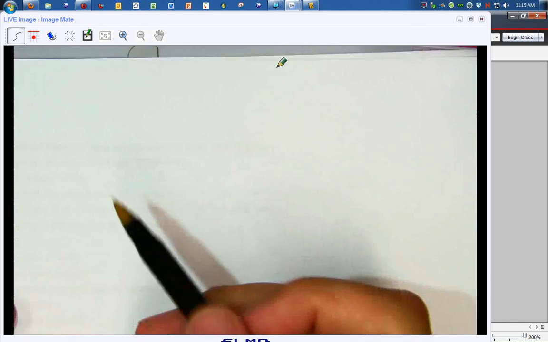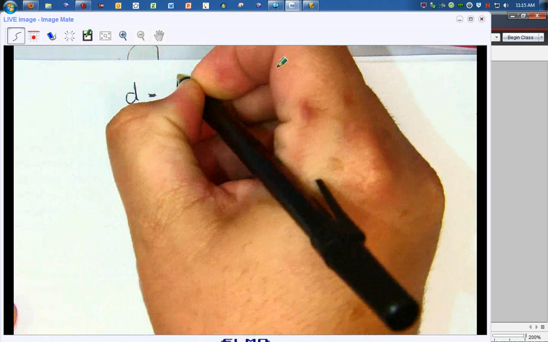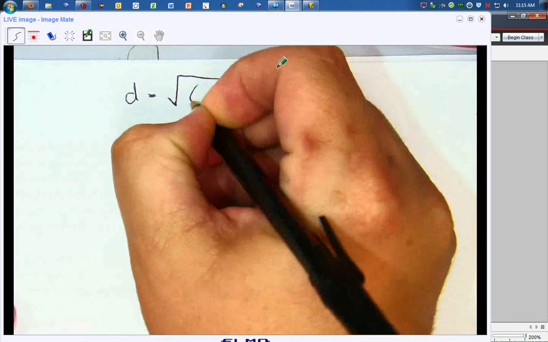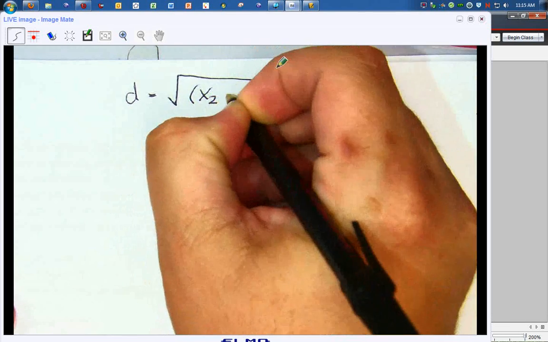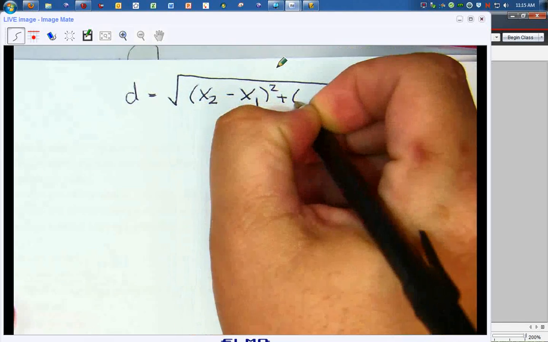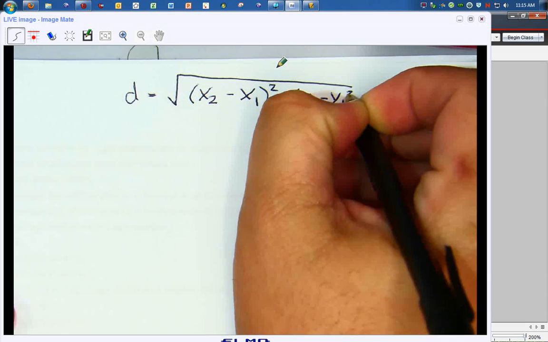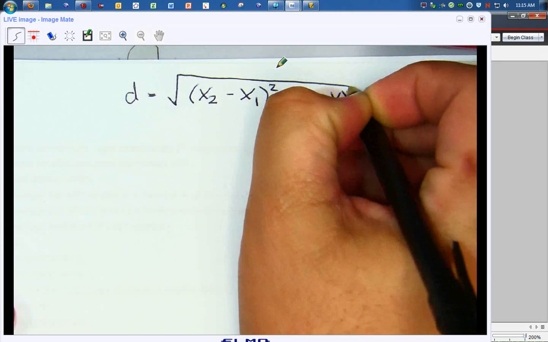The distance formula is written as d is equal to the square root of x2 minus x1 squared plus y2 minus y1, and that quantity is squared.